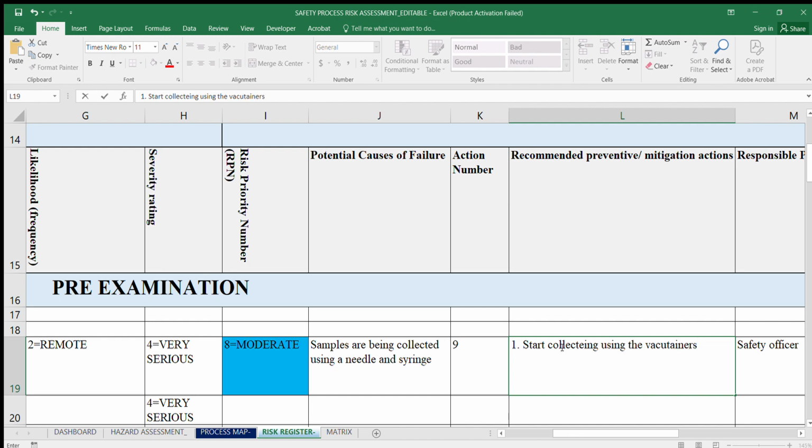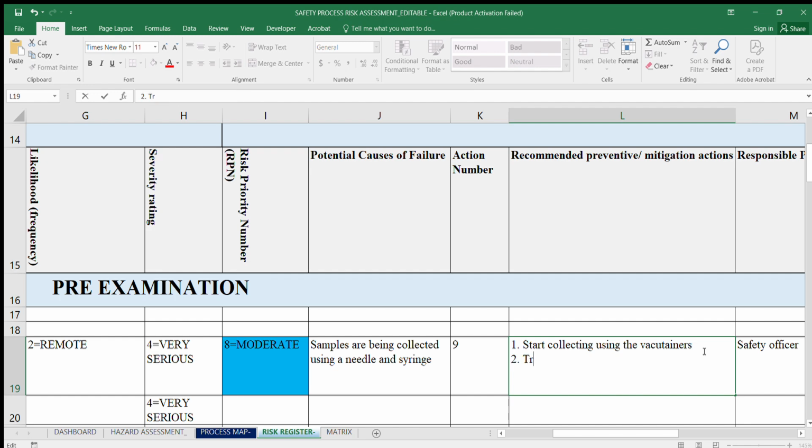If you use the vacuum turners, it means that you would have eliminated this particular scenario. Hope I've spelled vacuum turners correctly.